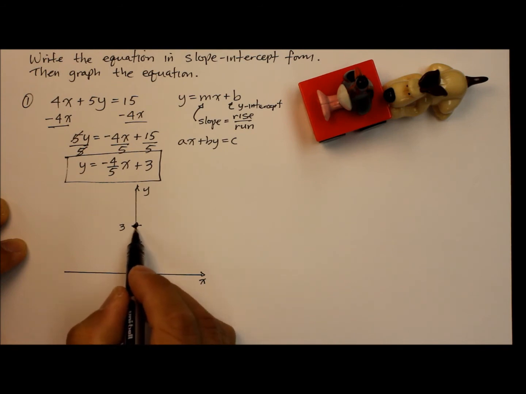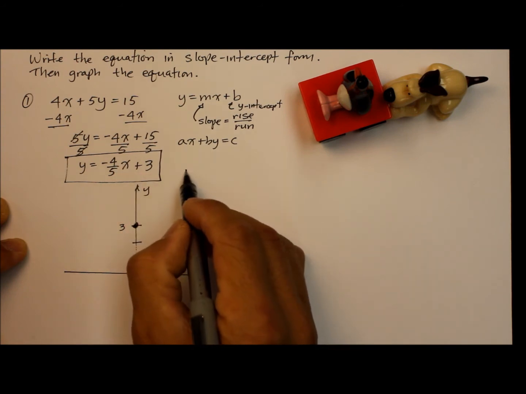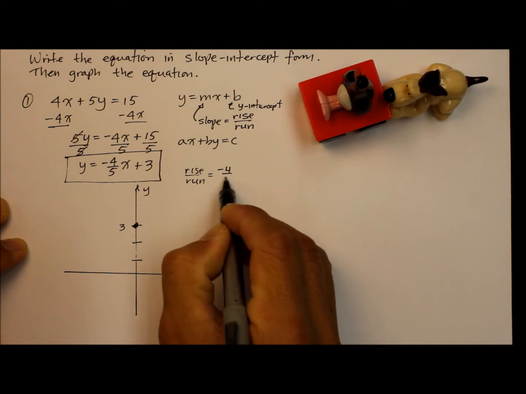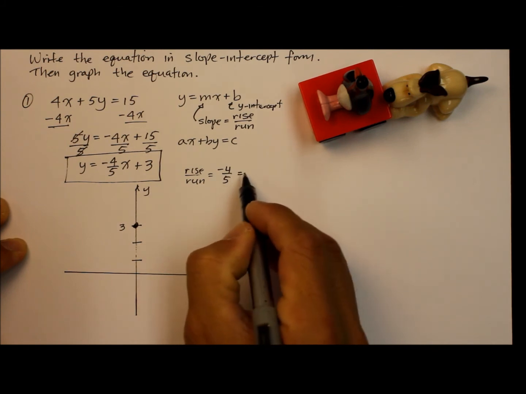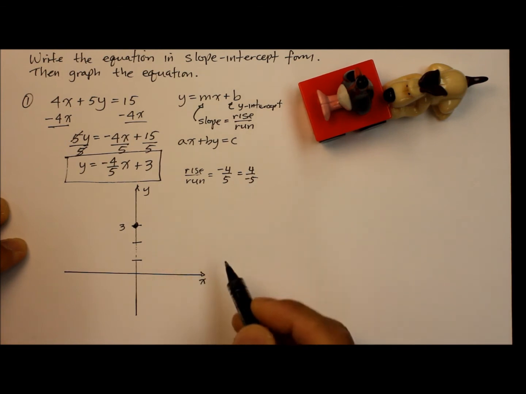Now from there, where do you go? Well, just like when you wake up in the morning, you have to first rise and then run. So here's the rise over run. The rise over run is negative 4 over 5. Actually, it's also equivalent to 4 over negative 5, either way.